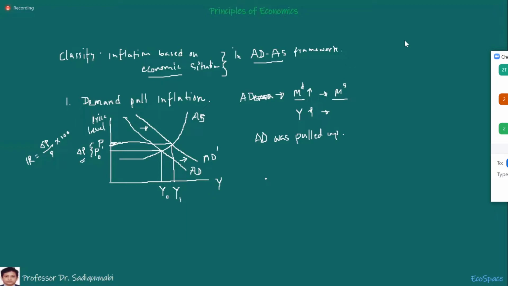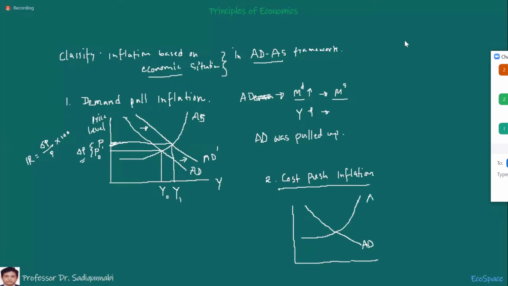Now, what could be the supply side? The second type is called cost push inflation. So we know that cost is related to aggregate supply. So suppose, let us draw again the ADAS framework. This is our aggregate demand, AD, and this is our aggregate supply, AS.